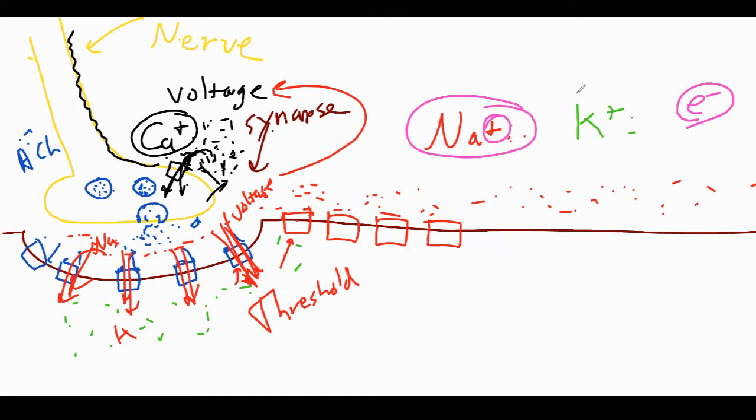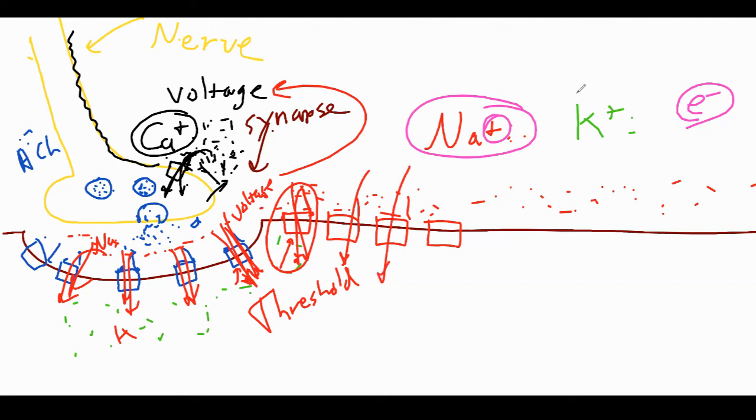Now, once you get that thing to open, sodium rushes in really fast and generates more voltage. If you can get this first one to trip, okay, guys, if you can get that first voltage regulated channel to go, it's always going to let enough sodium through to open the next one. And that's going to go through, which is always going to create enough energy to open the next one.